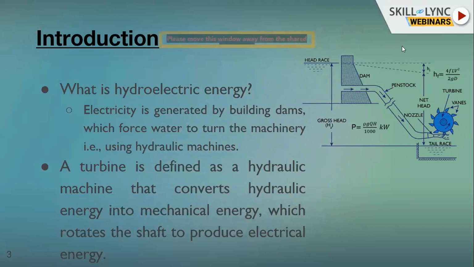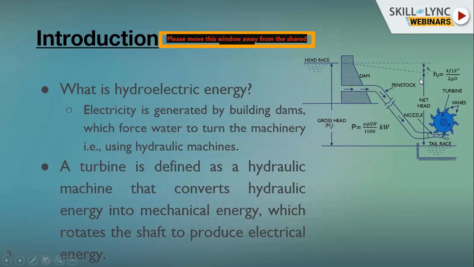You can see some notations here: this is Hg, and this is Hf. Capital Hg is known as gross head, and small hf is known as frictional losses.